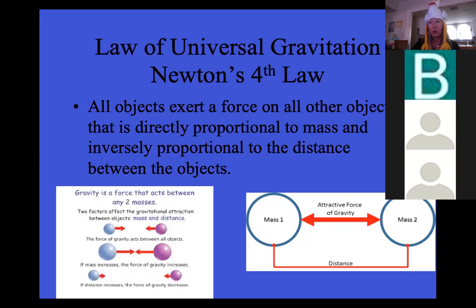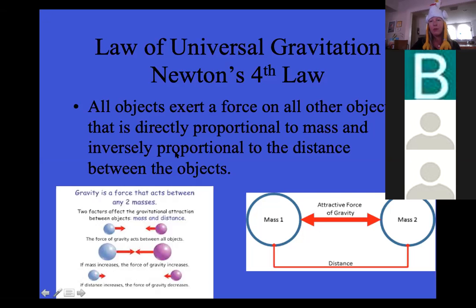If we increase the mass, not necessarily double it, we don't necessarily double the gravitational force. That's not exactly that direct relationship. But if we increase the mass, we increase the force of gravity acting on it. That's what it means to be directly proportional. And if we decrease the mass, then we decrease gravity.